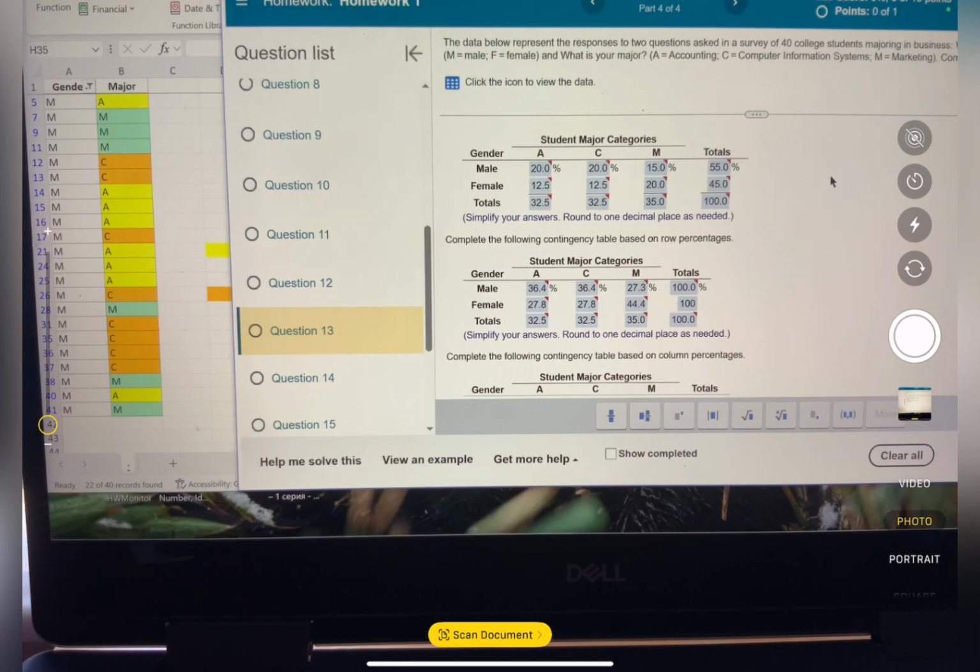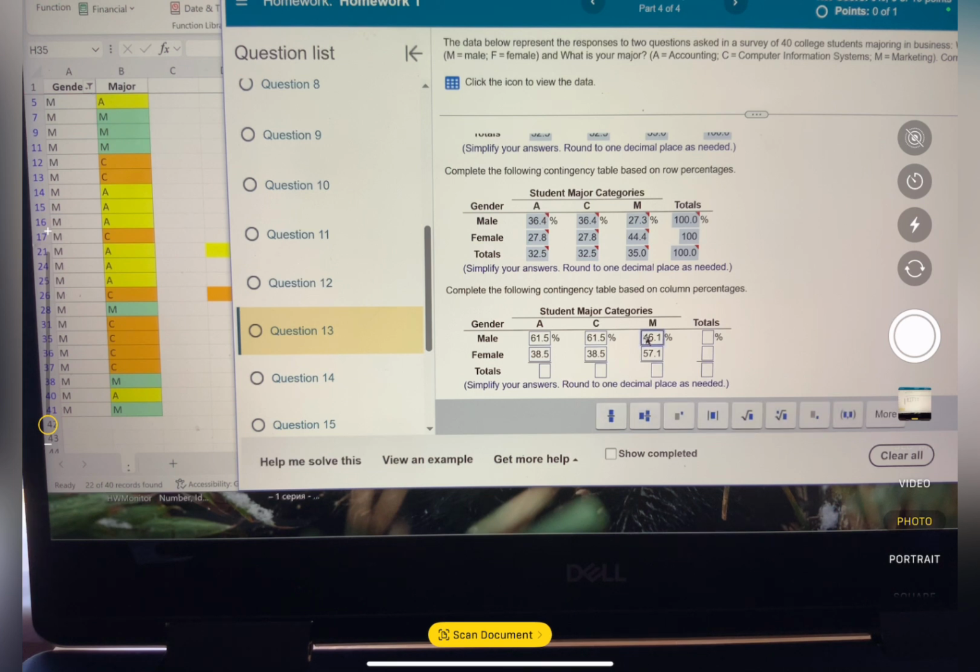Okay. And it's going to be, okay. Now if I add them up, it's going to be 100 here.